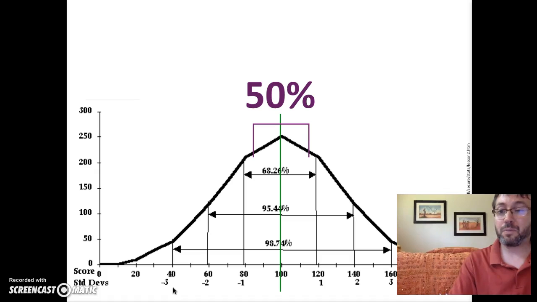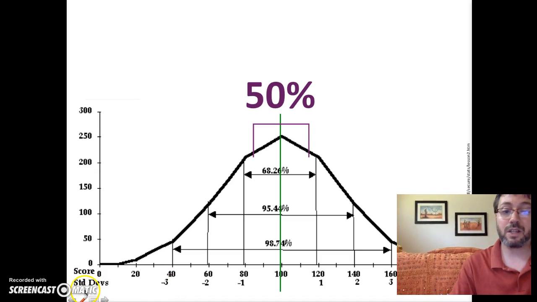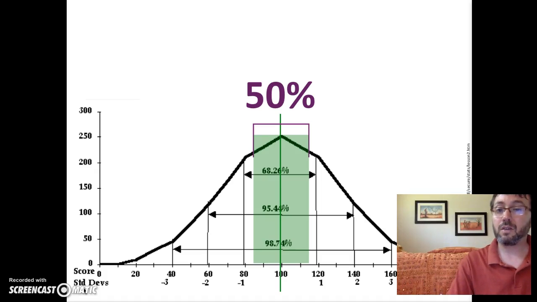And the 50th percentile, the interquartile range, is from the negative 25% below the median to 25% above it.